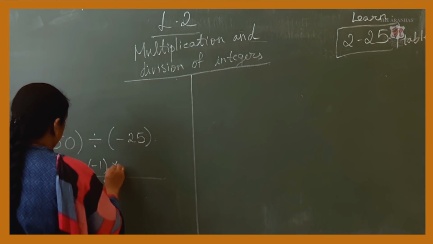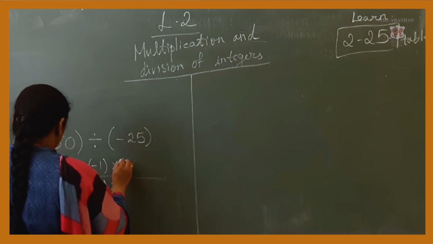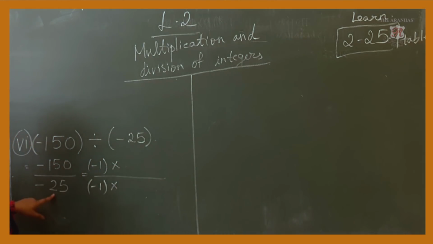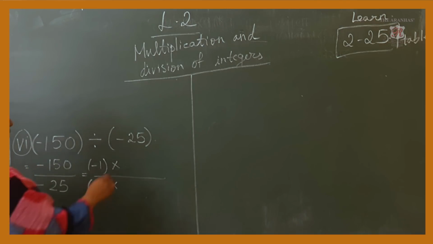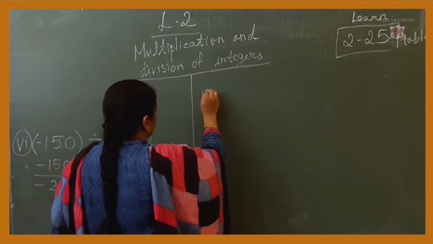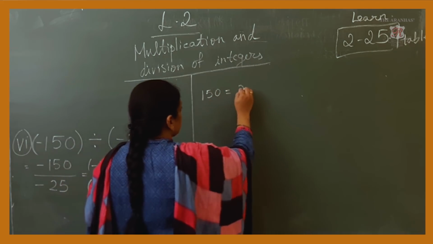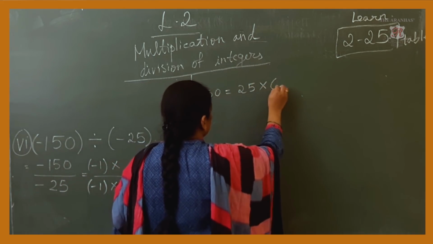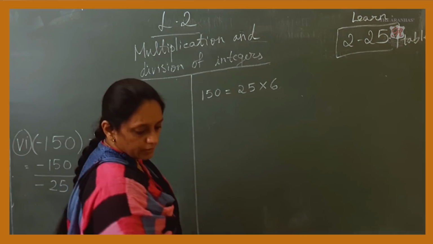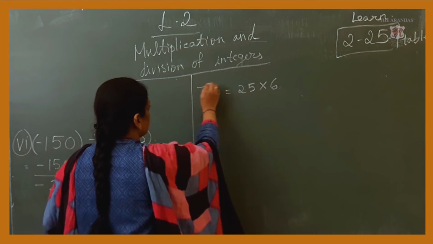I took it outside. Then 150, now here is 25. Now try to take, this is the bigger number. Try to take this factor in which the 25 number should come in the numerator, because 25 is a smaller number. Now according to you, 150 comes in the 25 table, yes, 25 6s are 150. Am I right? Yes, 25 6s are 150, we know.